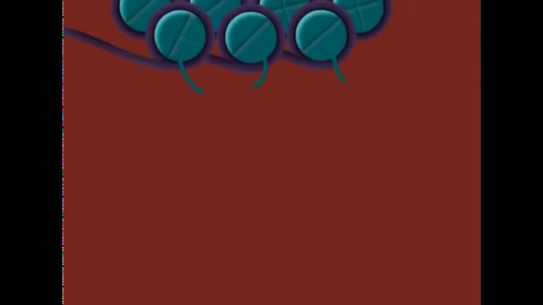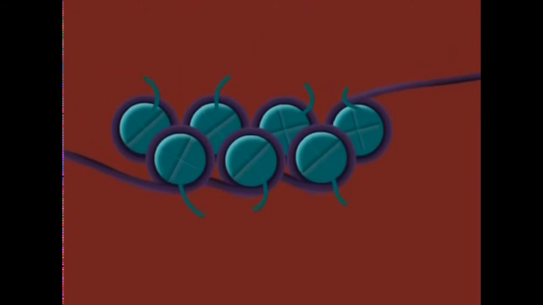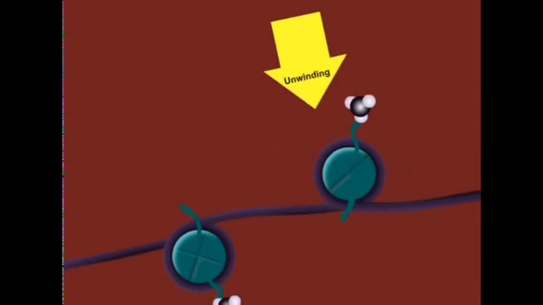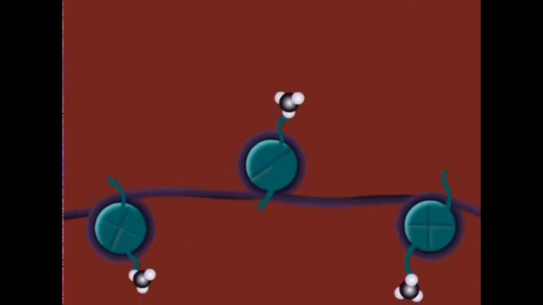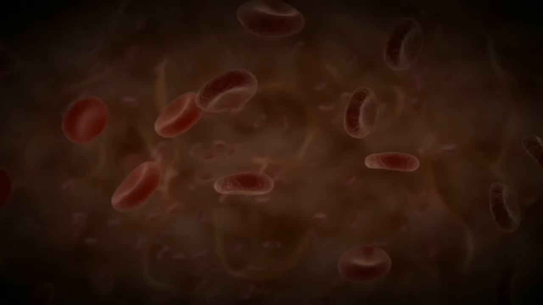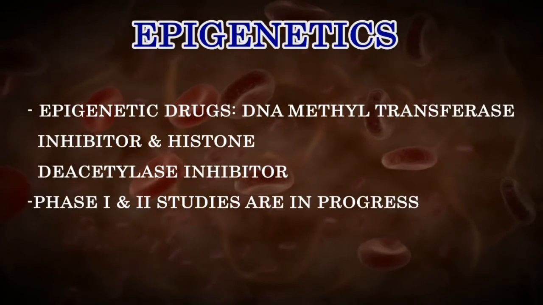We saw that DNA is coiled around a protein called histone. When acetyl groups attach to histone, unwinding of DNA occurs, resulting in mutations. Hence, drugs that inhibit DNA methylation and histone acetylation are being studied.